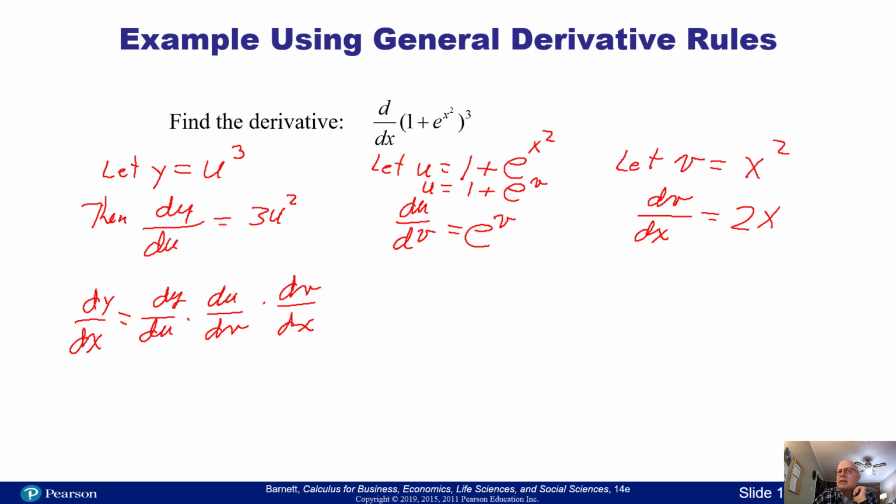Now we just fill in. dy/dx equals. What's the dy/du? Right here. 3u squared. du/dv is e to the v, times, and dv/dx is 2x.